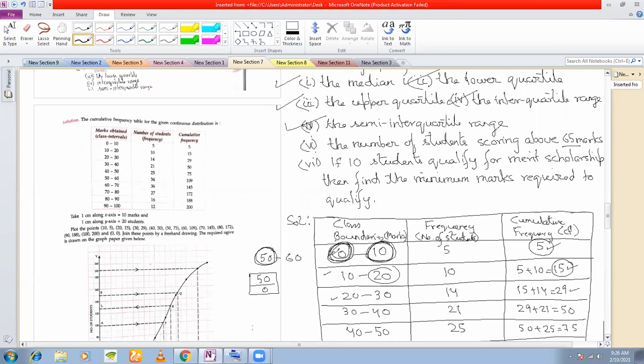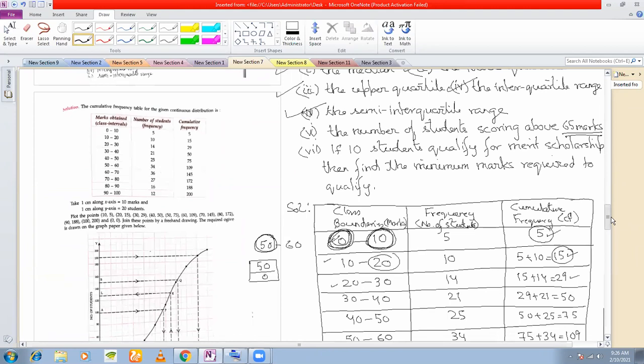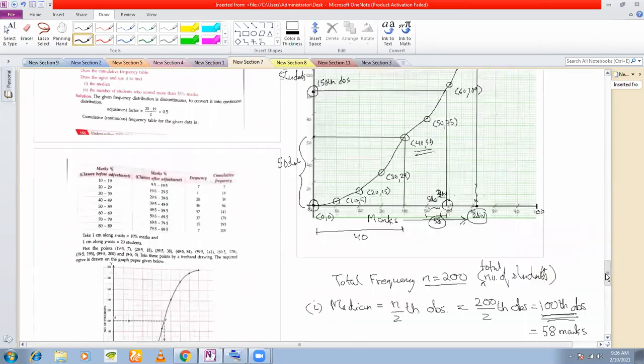So 65 marks is my initial value here. Since I've plotted marks in the x-axis, I will locate 65 along the x-axis. Here should be your 65.